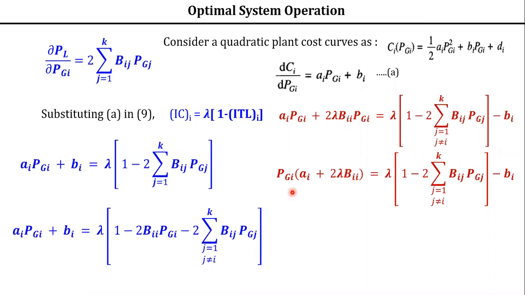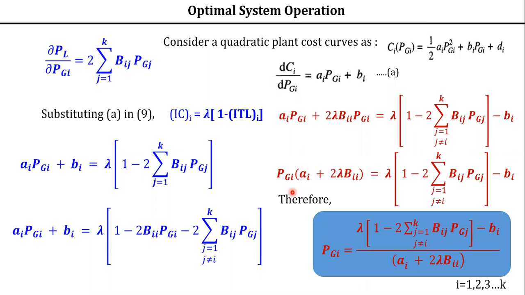Therefore PGI is equal to this, where I varies over the plants, I equal to 1, 2, 3 up to K. Whereas when neglecting transmission losses, I equal to 1, 2, 3 up to K are called units. That is the difference: there they are units, here they are plants.